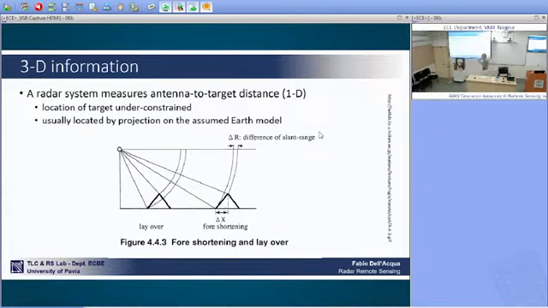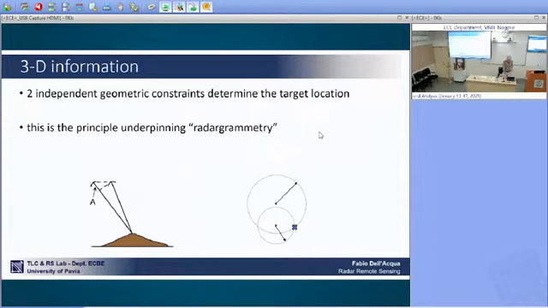Because every time you get a radar data set, you also get a set of distances between the satellite and the specific location. So this suggests that if you have two viewpoints on the same object, like two consecutive orbits of the satellite, the satellite passes approximately on the same place, but not exactly.